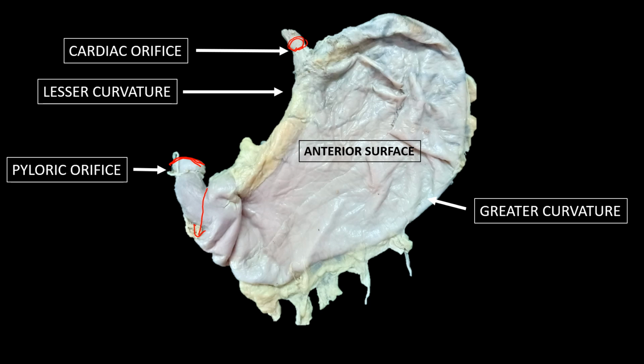The stomach has two borders which are also known as curvatures. The one curvature which extends from the cardiac end to the pyloric end and is concave is known as the lesser curvature, and it forms the right border of the stomach.